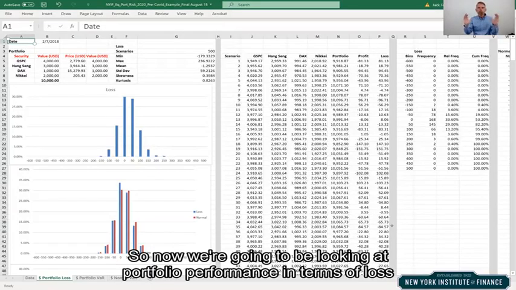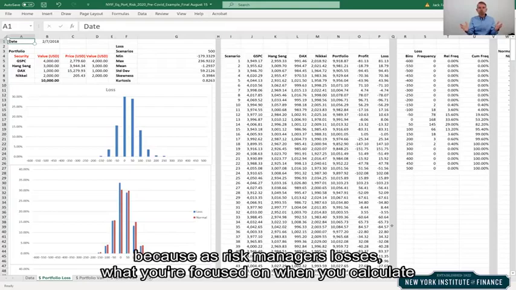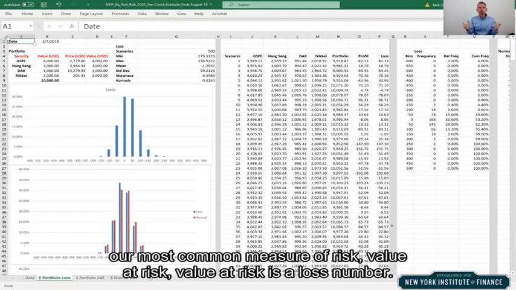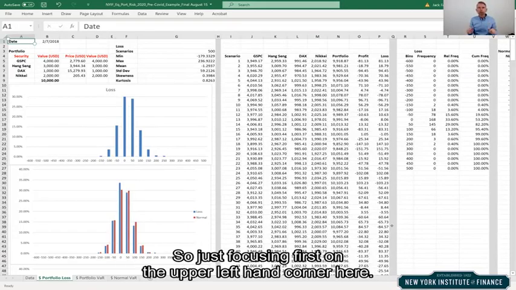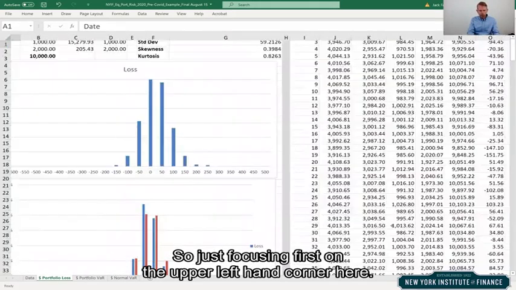So now we're going to be looking at portfolio performance in terms of loss, because as risk managers, loss is what you're focused on. When you calculate, our most common measure of risk, value at risk is a loss number. It's the maximum loss that you expect with a certain level of confidence.